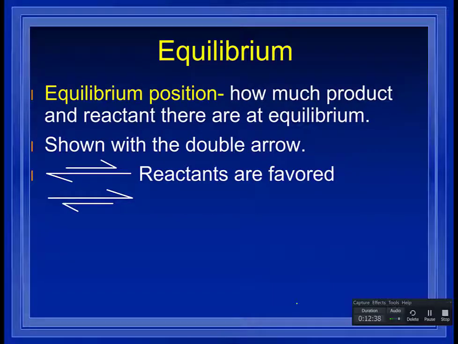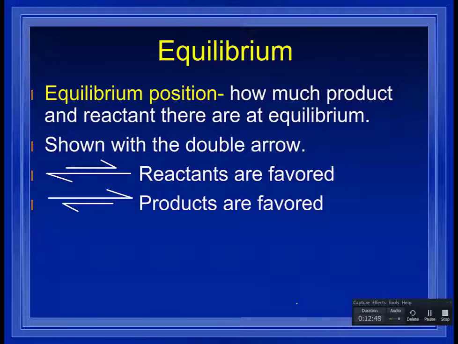And I show that with the arrow. The big arrow says reactants are favored, and the other one is obviously, if the top arrow is bigger, that means the products are favored at equilibrium. So if they change the size of the arrow, they're telling you which way goes faster. The bigger arrow is the direction that's going faster. The bigger arrow is going to point at the one that's favored.